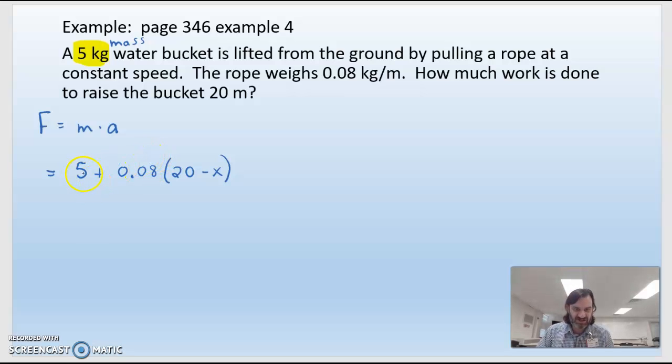The bucket isn't changing, 5 kilograms of water staying there, but the amount of rope is changing. Now that is all mass, and we've got to take that times an acceleration, which is 9.8 meters per second squared.